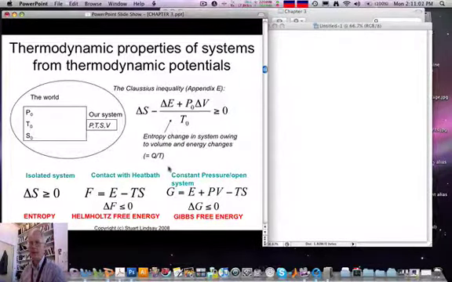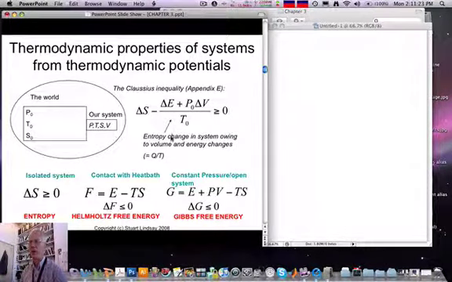In Appendix E we derive the Clausius inequality. This is shown here. It says that the change in entropy minus the change in internal energy of the system plus the external pressure times the change in volume, all divided by temperature, must be greater than or equal to 0 in any process.